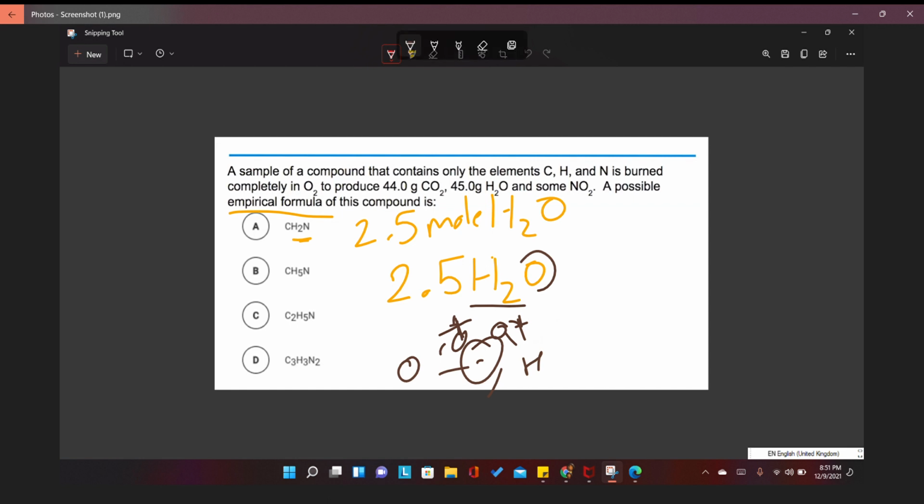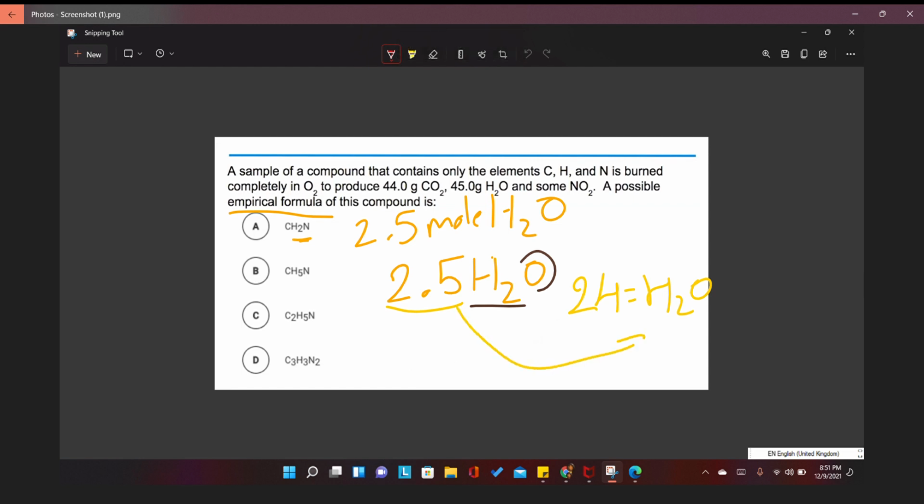Keeping that in mind, we can determine the number of H. So there are 2 H in H2O, and over here we said there are 2.5 moles of H2O.